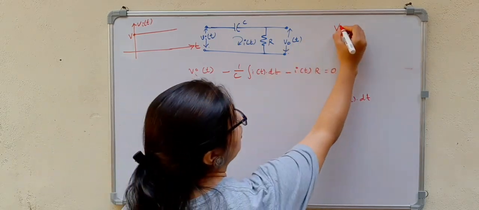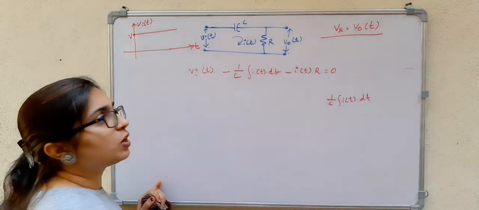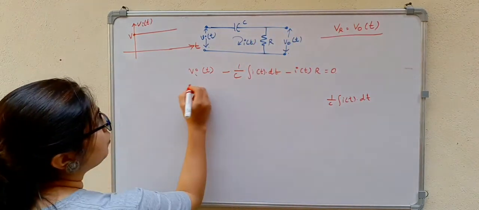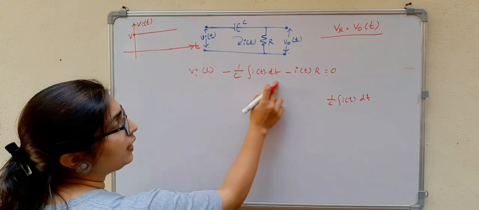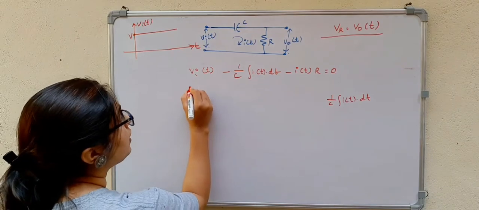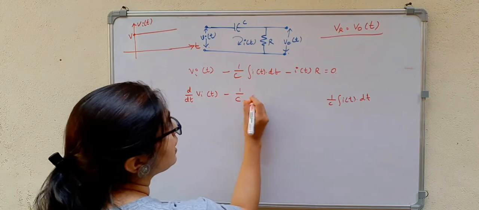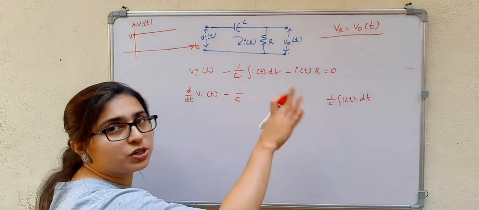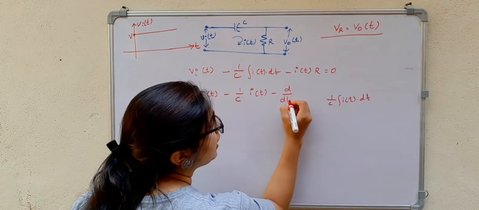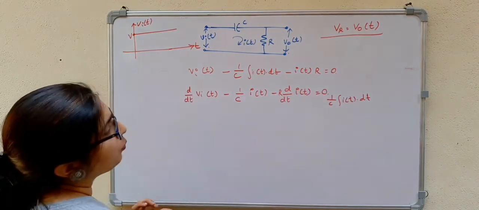And you remember that V_R is nothing but the output, because we are measuring the output across the resistor R. Now we can take the differentiation of this equation. So it is d by dt V_i(t) minus 1 by C, differentiation of integration cancels, so I will get i(t), then d by dt i(t) times R, that is equal to 0.